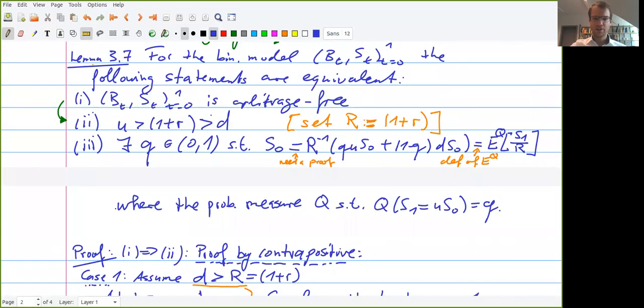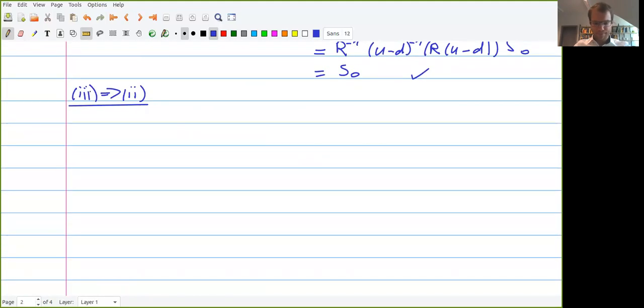We want to check if we have a q such that S0 is given by the expected value of S1 divided by R, then the market is arbitrage free. Sorry, I want to show that the market is arbitrage free.